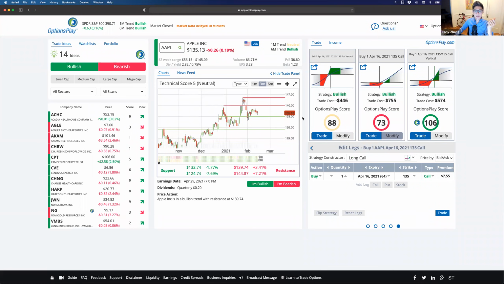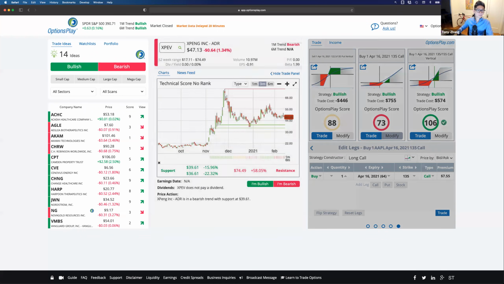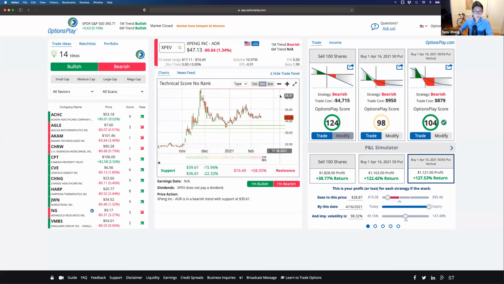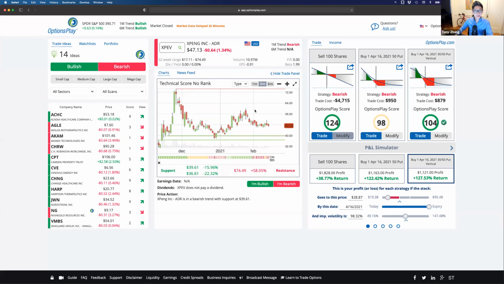It's like saying you can't pick a market bottom, right? So you can have a stock that's bearish. What was the symbol that you said? XPEV, right? So, yes, the trend is bearish, but I wouldn't say that this is a very bearish trade per se, because you have a support level here.